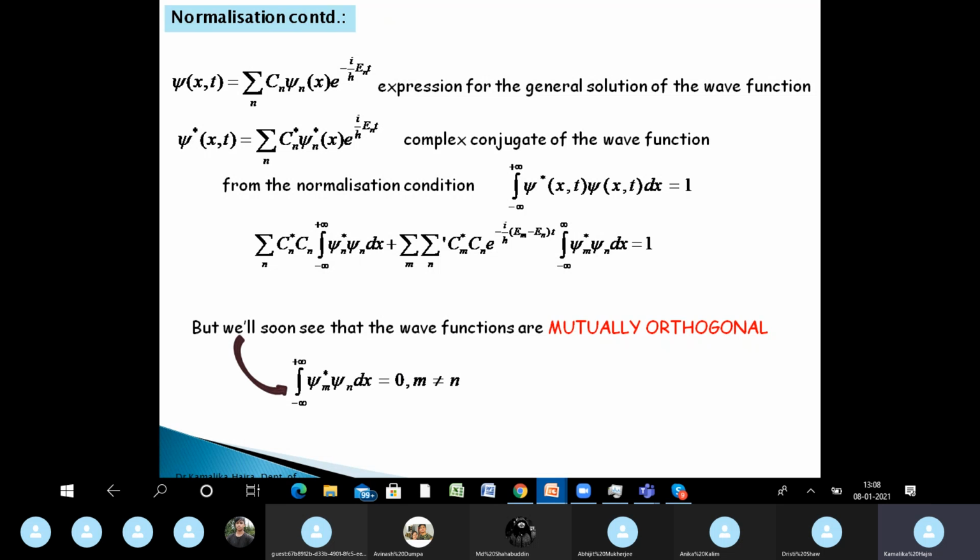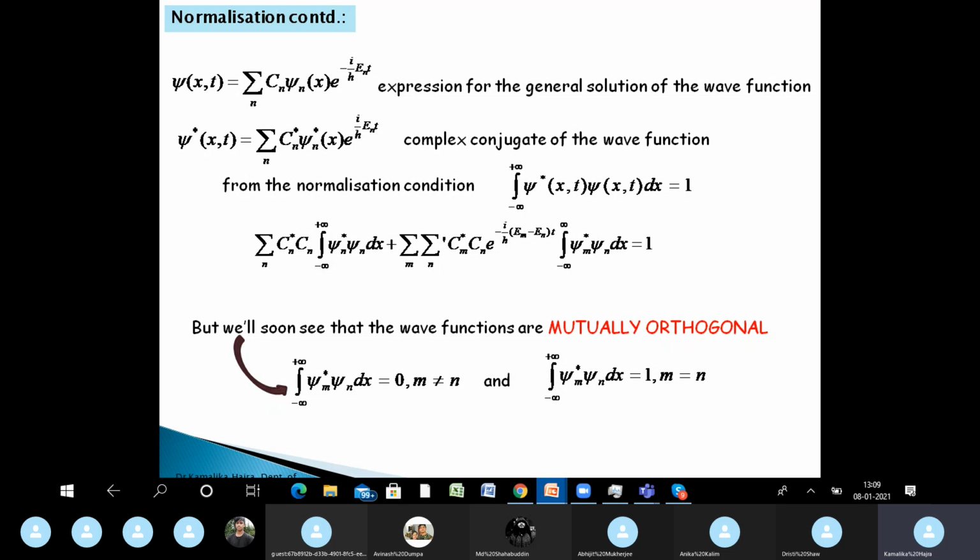It means that psi m star psi n dx is 0. That is, when m not equal to n, then this integration becomes 0. Okay? Whereas psi n star psi n equal to 1 if m equal to n. This is the meaning of mutually orthogonal functions.